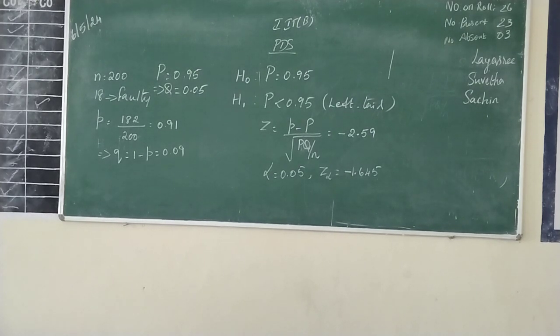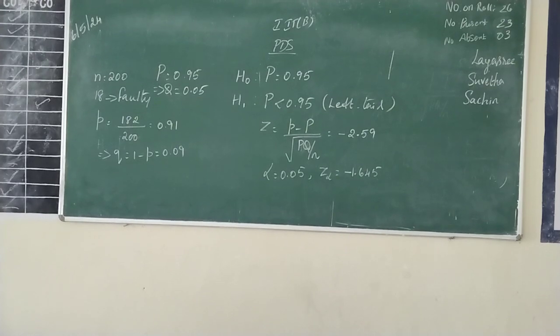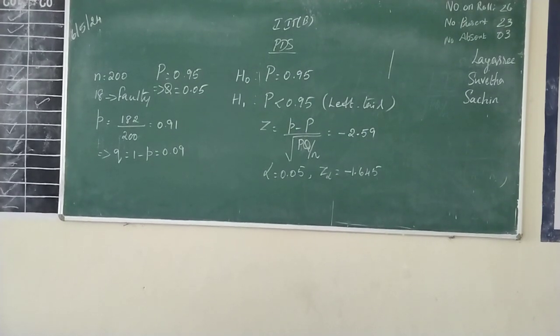Now similarly, small p2 equal to the proportion of people consuming a drink in the second village. So how many people in that village? 200.